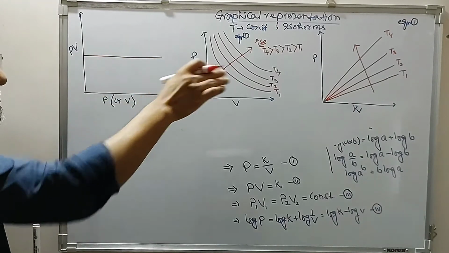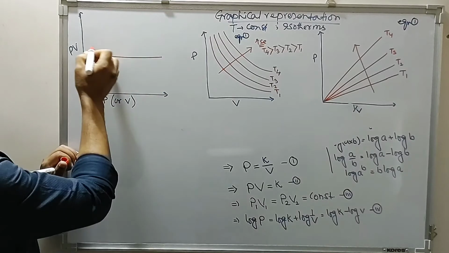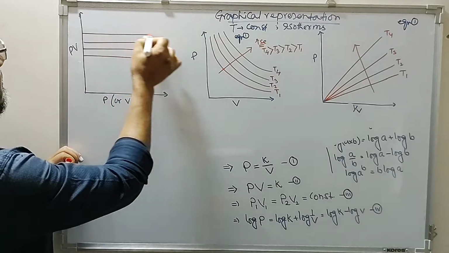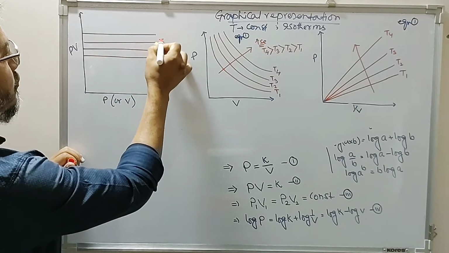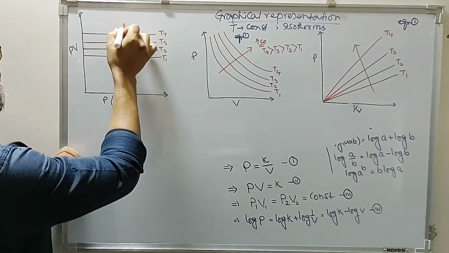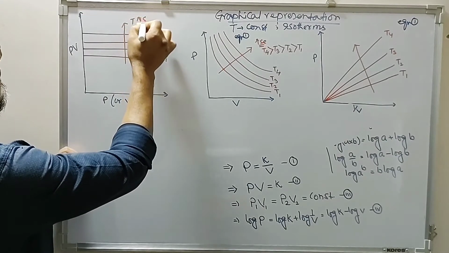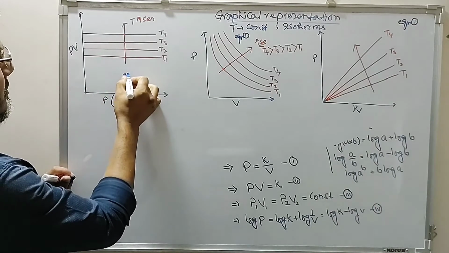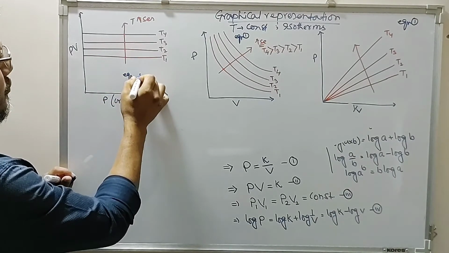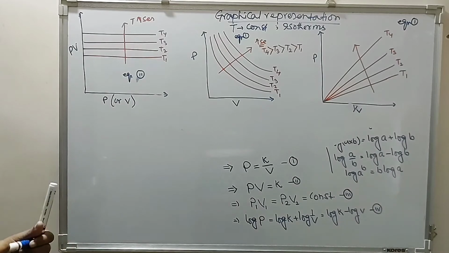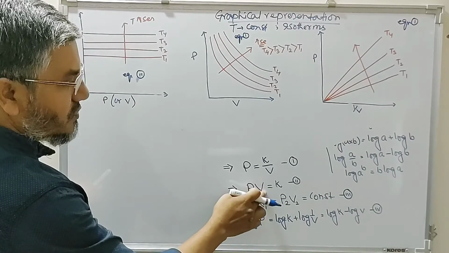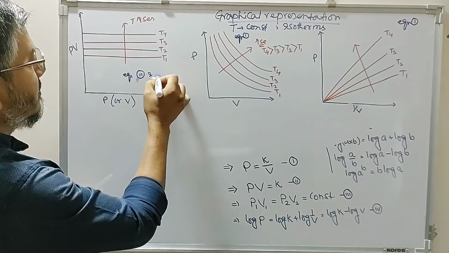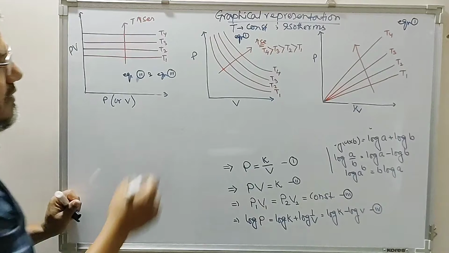Similarly for different temperatures, the graph can be written as T1, T2, T3, T4. Again moving from T1 to T4, temperature increases. So this represents the graph of equation 2 and 3. P into V is always a constant. P1 V1 equals P2 V2 is always a constant. So this is equation 2 and equation 3.